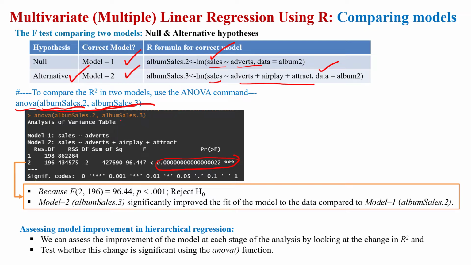Basically, R is going to compare the R square of the two models, and it will say whether in model 2 R square is significantly improved compared to model 1 or not. As we have seen, because the p-value is less than 1%, we can say that model 2 is a significantly better fit compared to model 1.